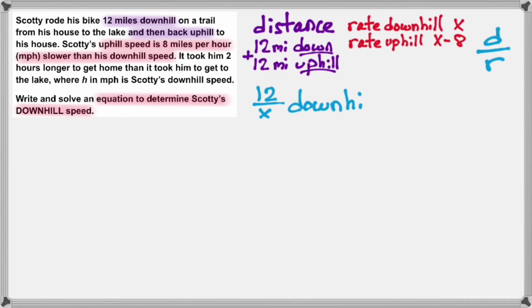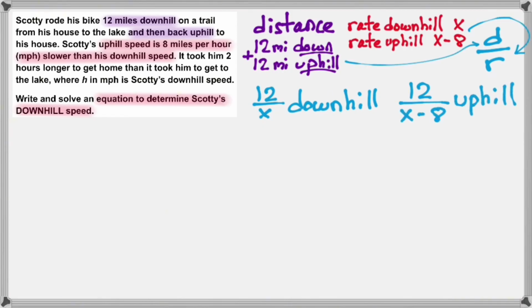Now we can begin to set up our function. We know that distance over rate is going to equal time. So we know that 12 miles downhill, he was traveling at some rate we don't know, but then uphill, 12 miles is how far he was going, but he was 8 miles per hour slower when biking uphill.